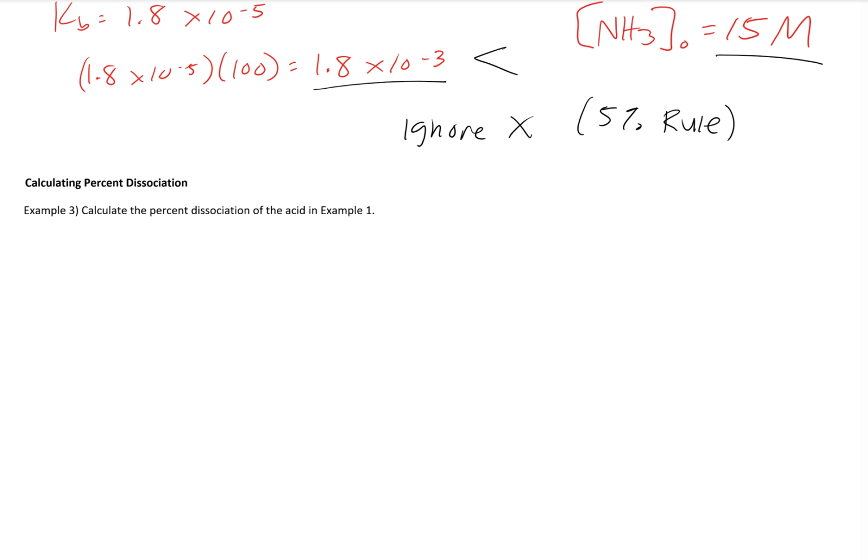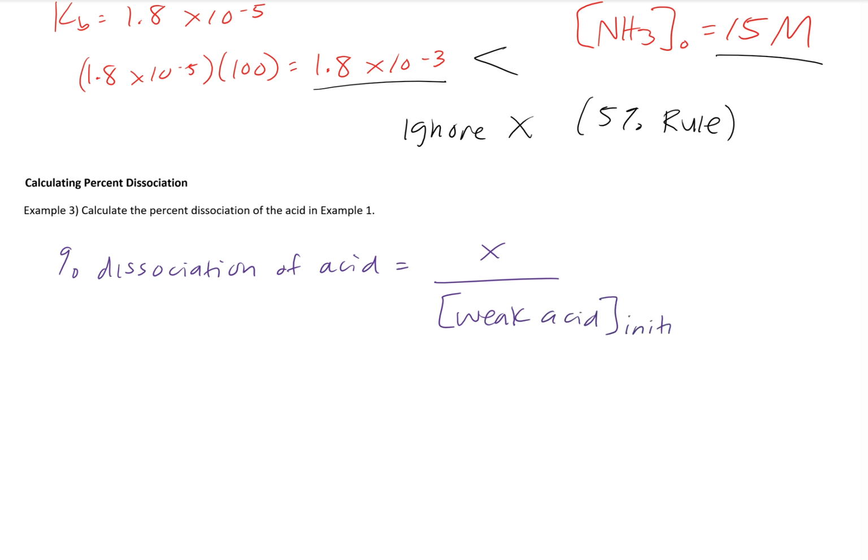We're going to keep it very simple. How do we know that it is less than 100%? How can we actually calculate the percentage of the acid that is dissociating? Percent dissociation of an acid is equal to the X from the ICE chart over the initial concentration of that weak acid, then multiply by 100.